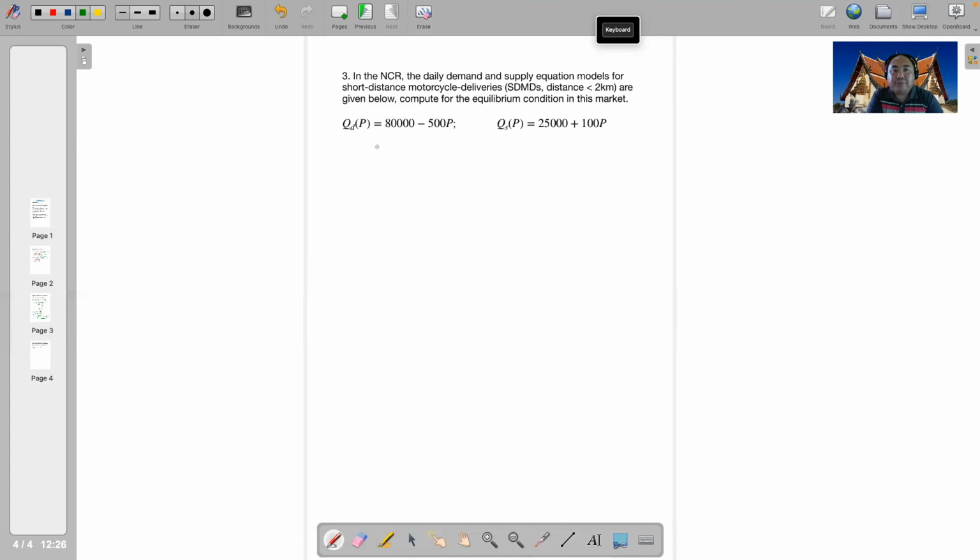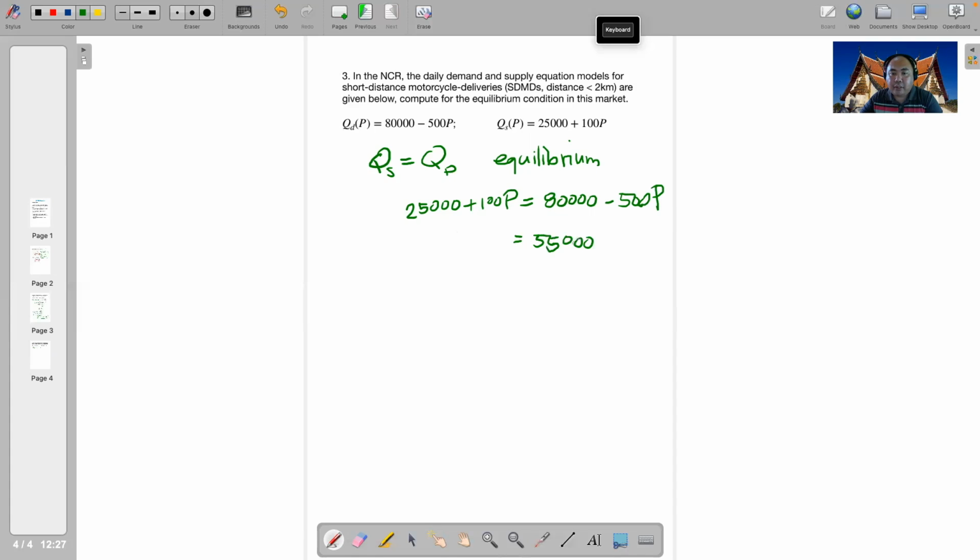We remember that at equilibrium, quantity supplied is equal to quantity demanded. That means that 25,000 + 100p is equal to 80,000 - 500p. That means that we will have 55,000 is equal to 600p.